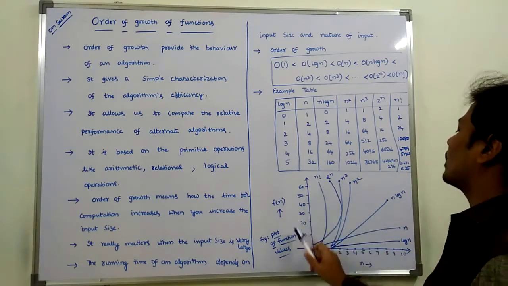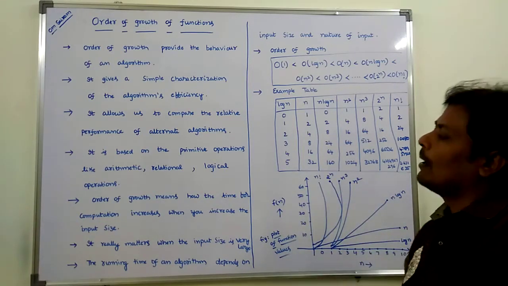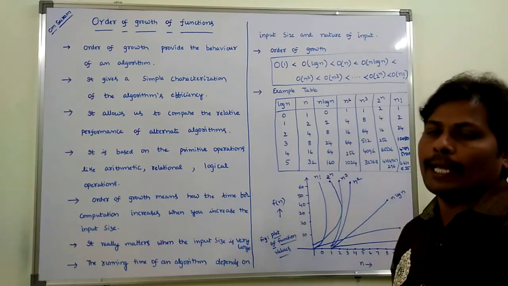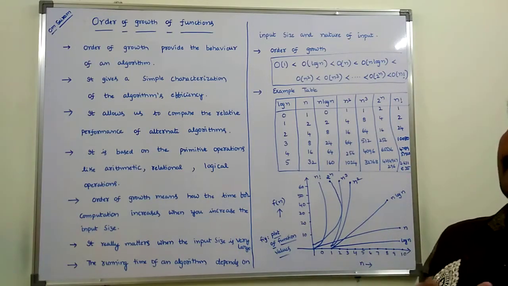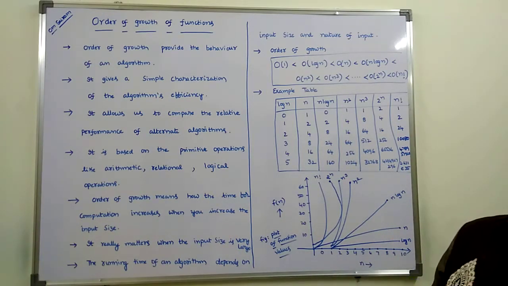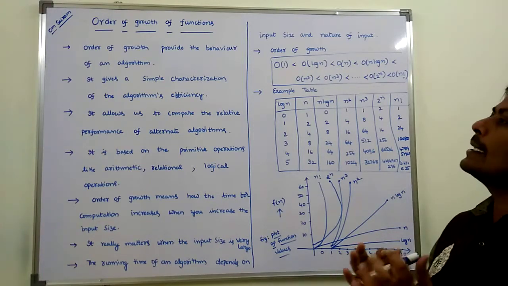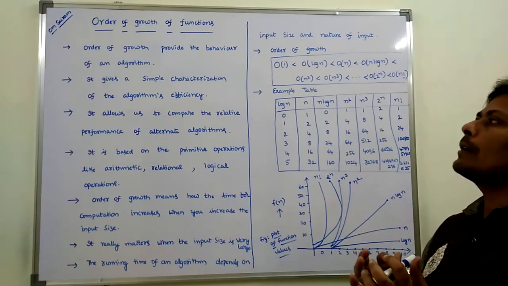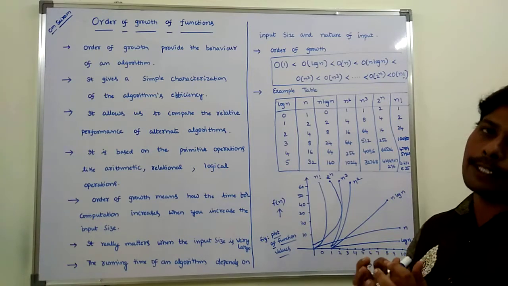So this is the order of growth of functions according to the input size. If the input size is very high, then the computational time of the algorithm is also very high. Okay, so this is the description of the order of growth of functions.